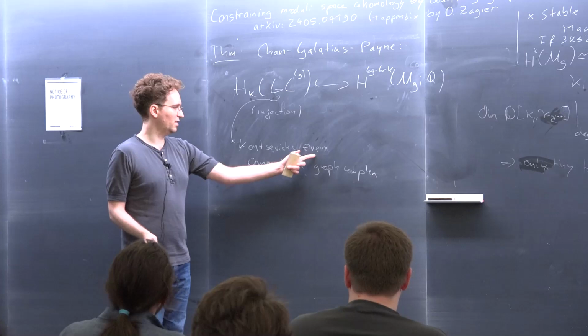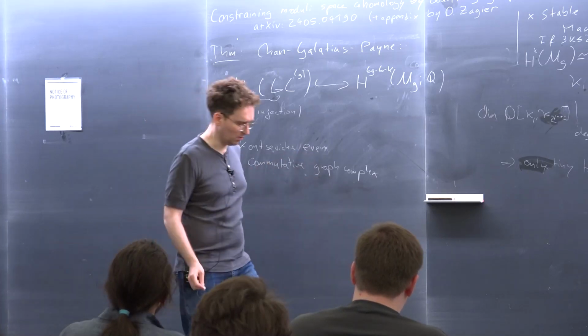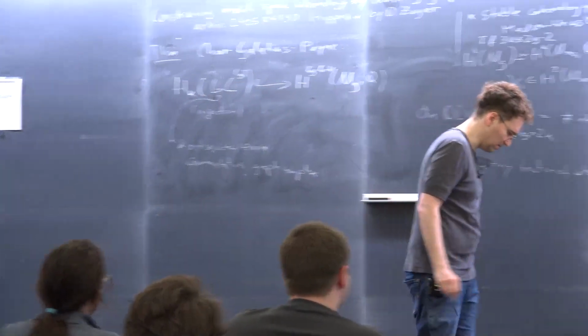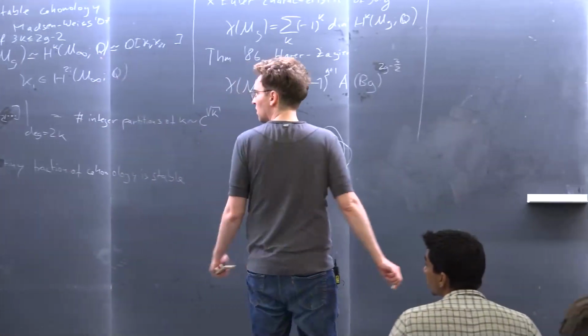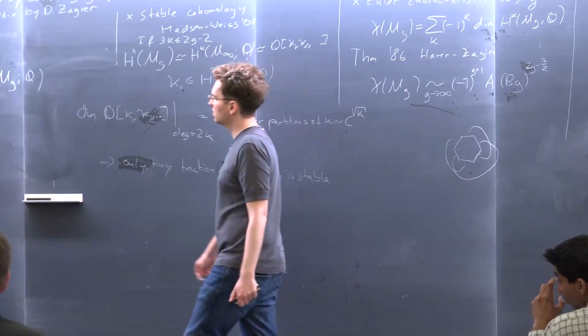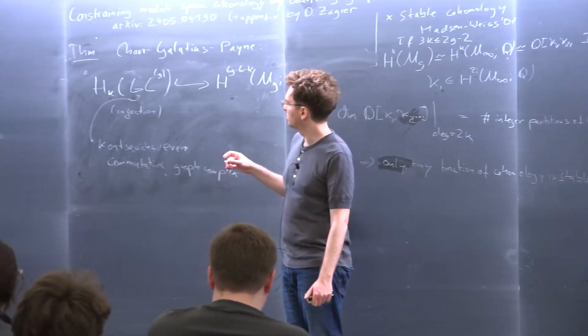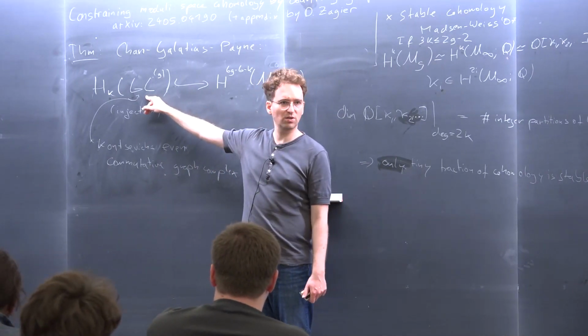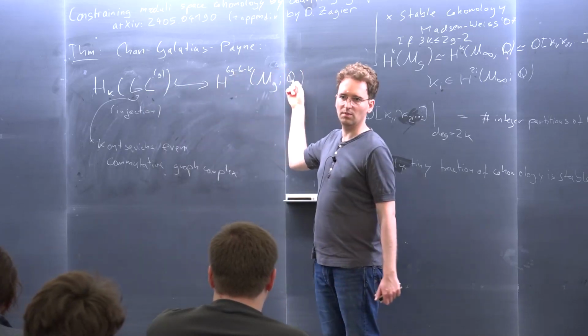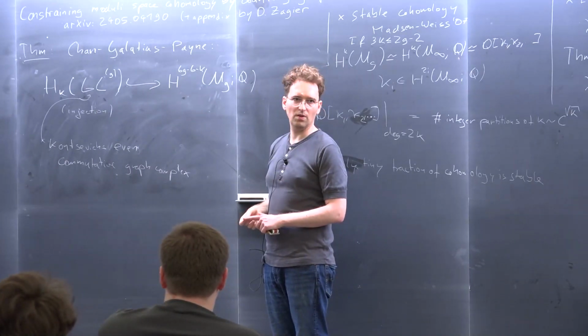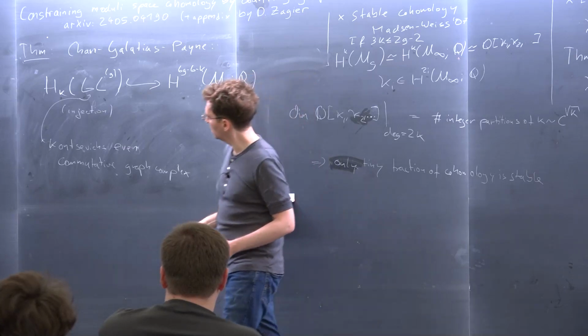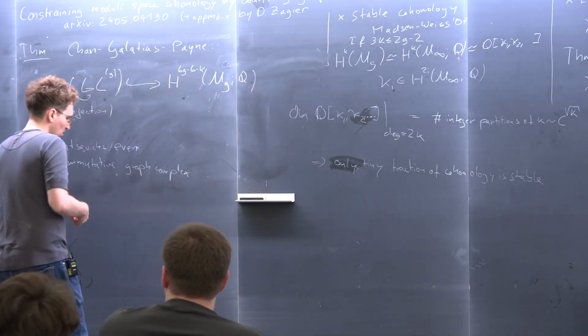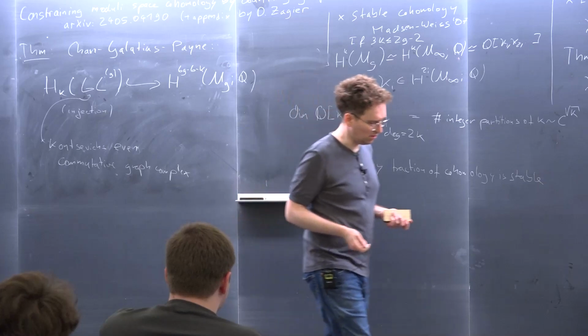But yeah, you can also forget these two adjectives and just think about it as a graph complex for now. So they kind of access this combinatorial world of this graph complex to say something about this problem on the moduli space cohomology. And this graph complex is now an entirely combinatorial object.